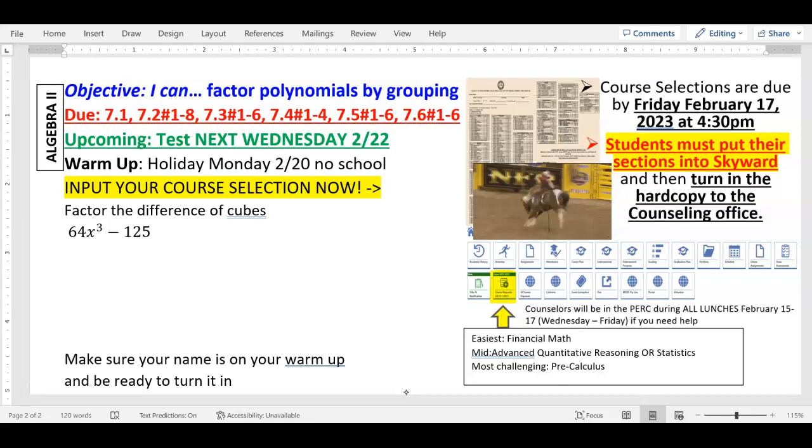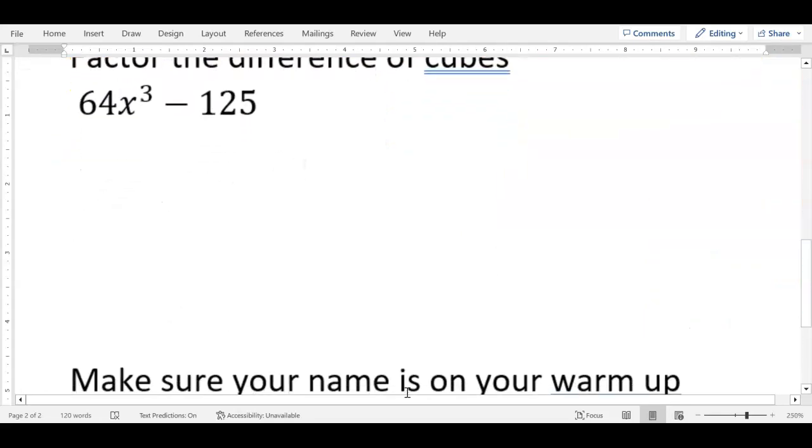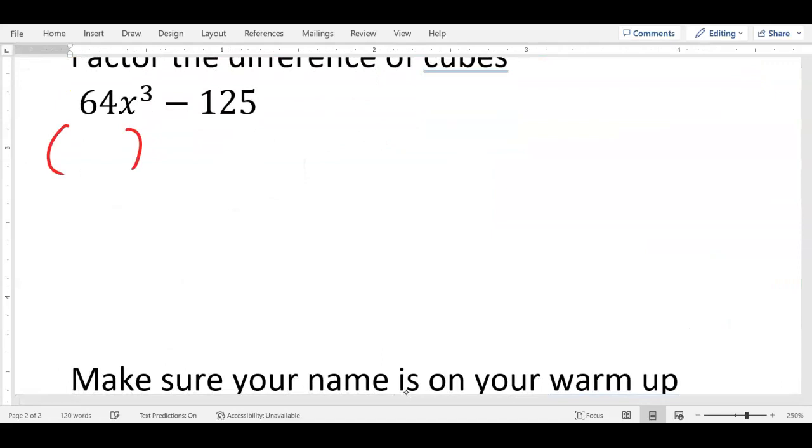Who remembers the first step when we do this? What do we put first? Parentheses, right? We're going to take each of those terms that are being subtracted and turn them into parentheses cubed. Let me zoom in here. So we're going to figure out something cubed minus something cubed. My next question was, what cubed gives me 64? The answer is 4.